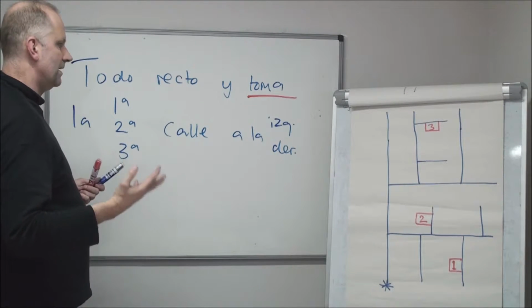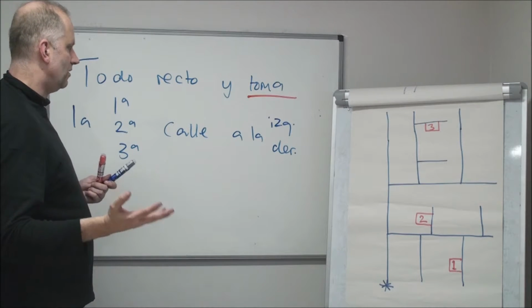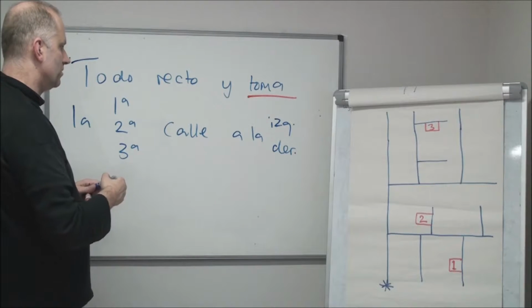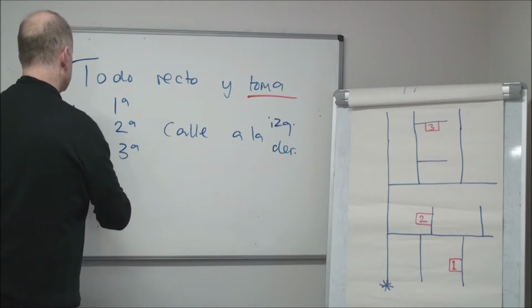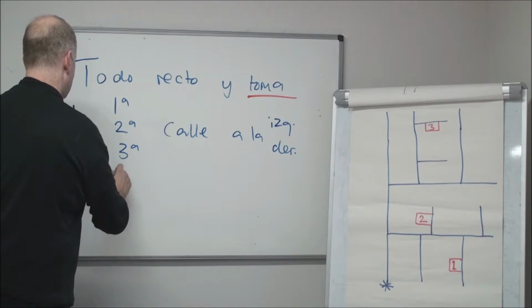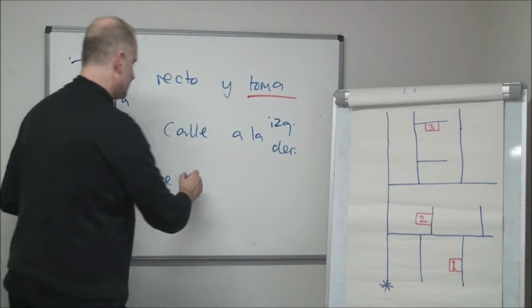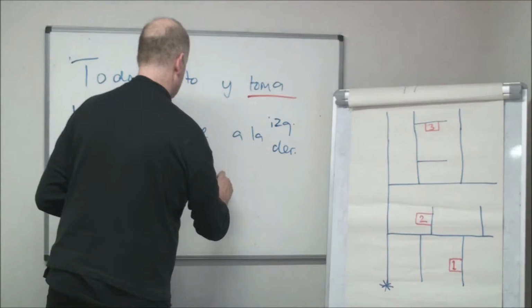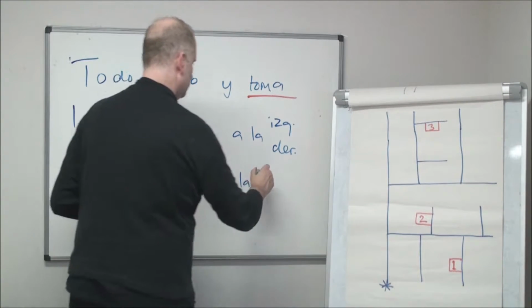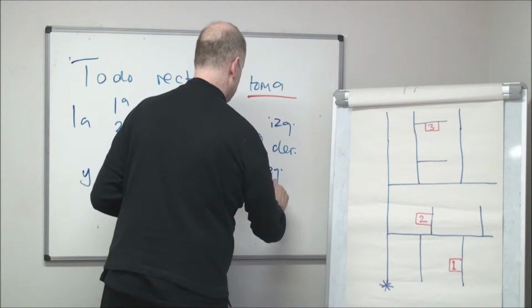and then perhaps if it's on the first road that you go onto, then you'd say y el cine. So if you're looking for the cinema, y el cine está a la izquierda or derecha.